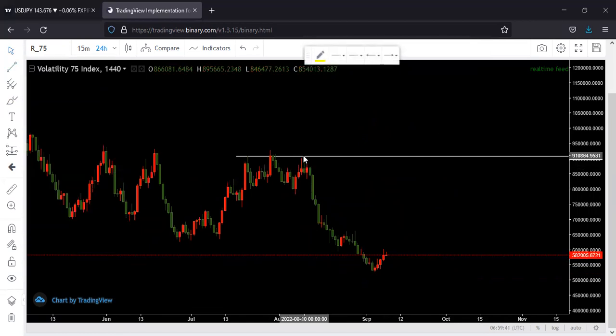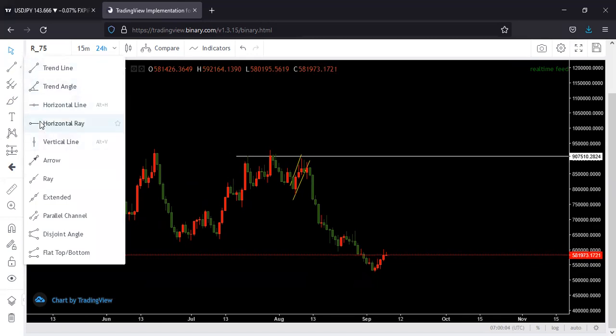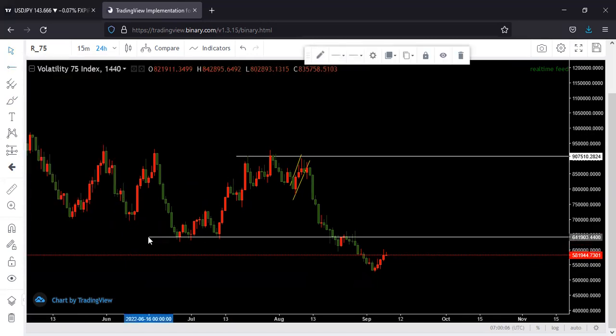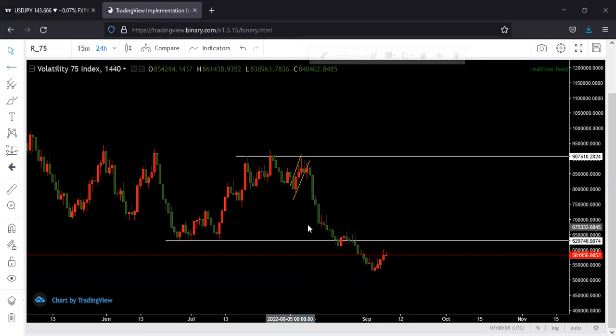Then we had this correction, a bearish flag, something like this. So this was the left shoulder, head, right shoulder, then boom to the downside. And our first take profit was along this price.